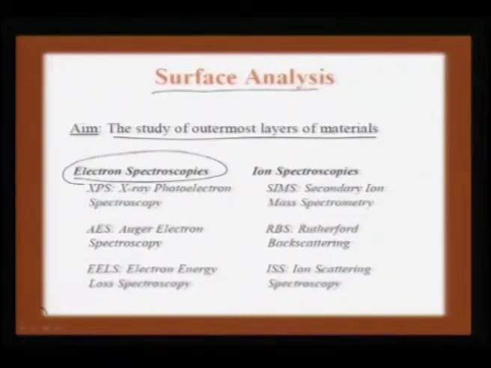Now, depending on the manifestation of the interaction of the beam with the sample, there are several things that can happen. One is based on electron spectroscopy and another one is based on ion spectroscopy. So, a series of characterization tools can emerge out of the approach that we take.